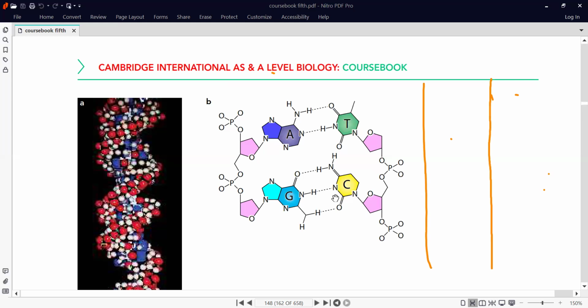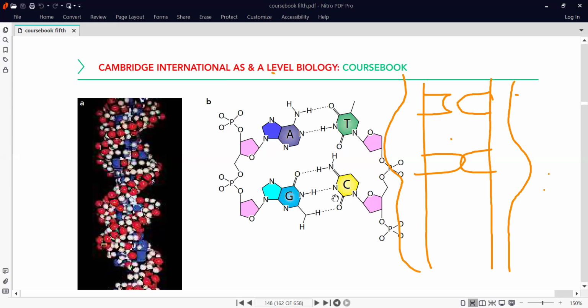So if we connect a larger base with a smaller one, they can fit like this. But if we take two larger ones, on one side it will become broader and on the other side narrower, like this. But in reality it is a smooth ladder-like structure having the same width throughout.